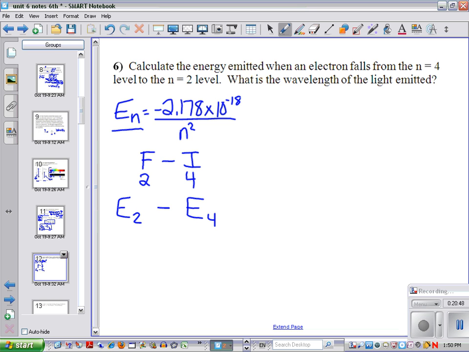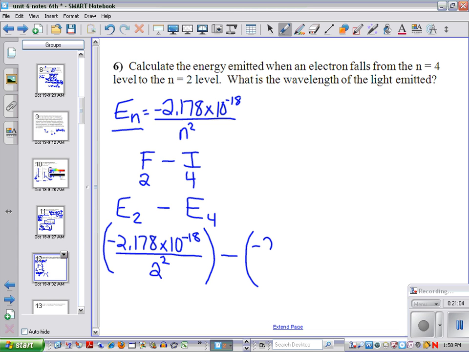So I'm going to use this equation right here, negative 2.178 times 10 to the negative 18 divided by my energy level, which is 2, squared. And I'm going to subtract it from energy level 4. So negative 2.178 times 10 to the negative 18 divided by my energy level 4 squared.